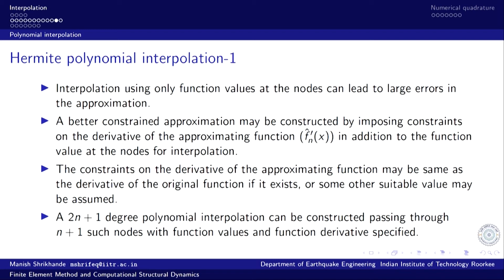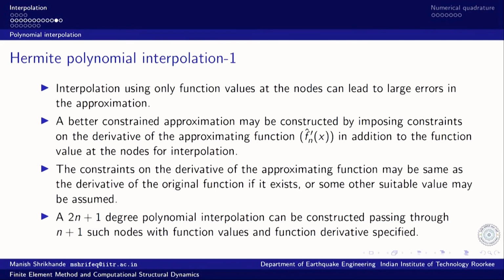With these 2n plus 2 conditions, I can evaluate 2n plus 2 coefficients, and 2n plus 2 coefficients would be sufficient to uniquely define a 2n plus 1 degree polynomial interpolation, and that is how we work it out.